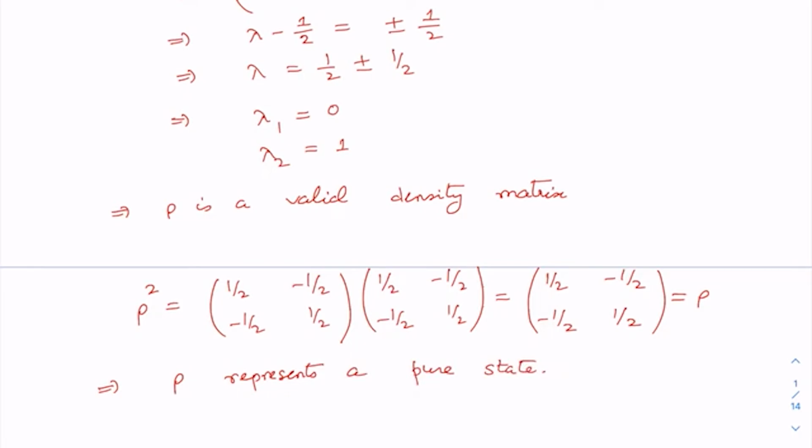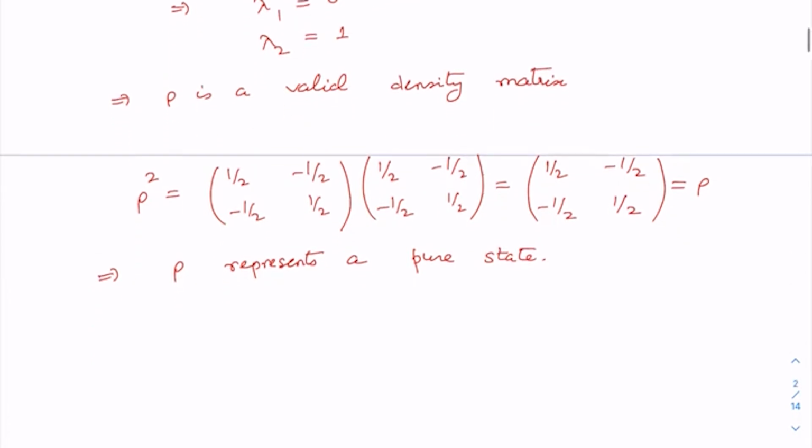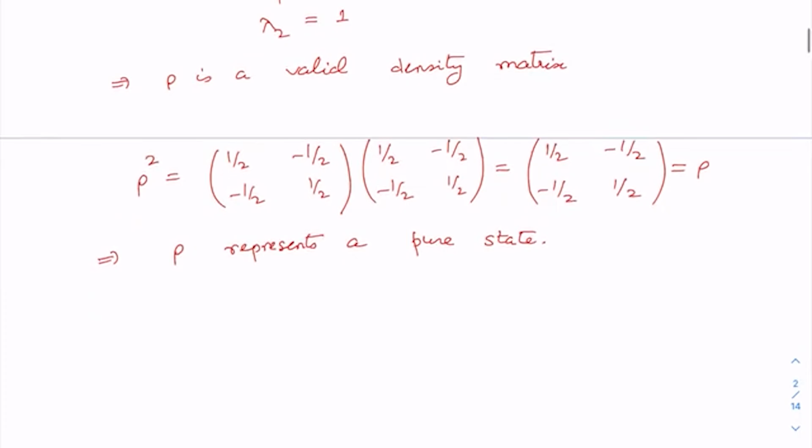We are asked to find out the normalized wave function as well. So let us work out the state vector. Rho we can write in terms of state vector as ket psi bra psi.